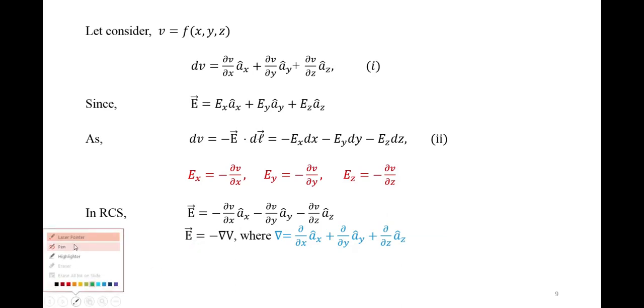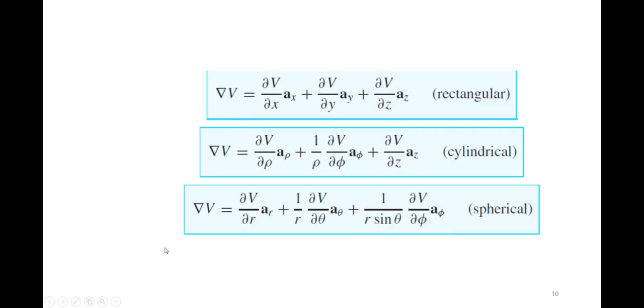Similarly, one can expand the negative gradient of scalar potential in cylindrical coordinate system and in spherical coordinate system using these two relations.